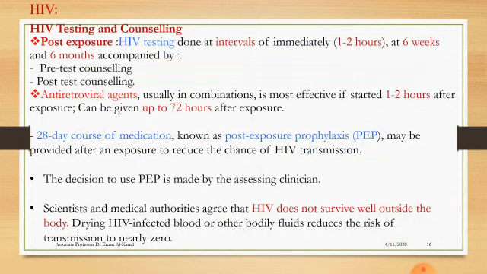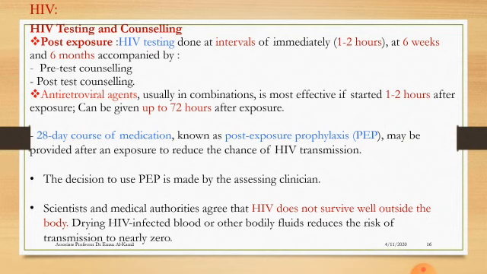If an individual is exposed to a patient who has HIV virus, the individual should be tested for HIV immediately or within 1 to 2 hours, and then at 6 weeks after the exposure, and at 6 months after that.